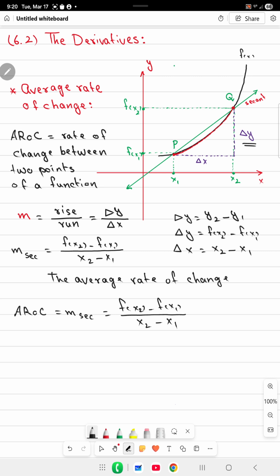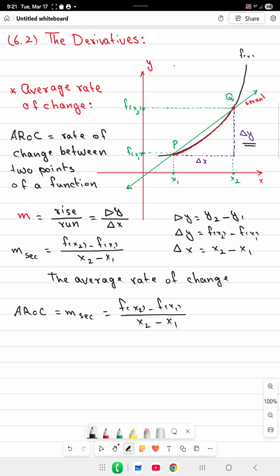This formula that you see here, usually we use in algebra, correct? Now I'll give you another formula that we usually use in pre-calculus and calculus, which is the same average rate of change.